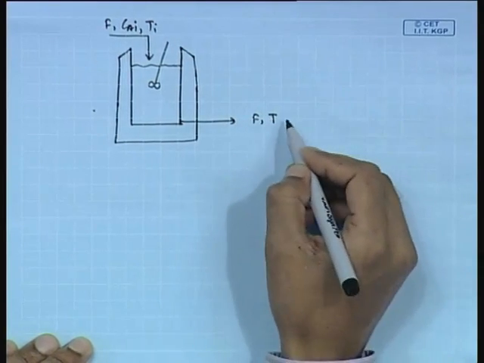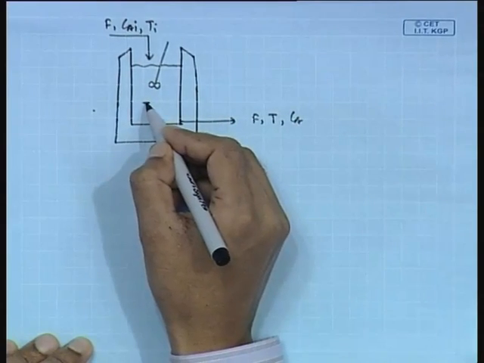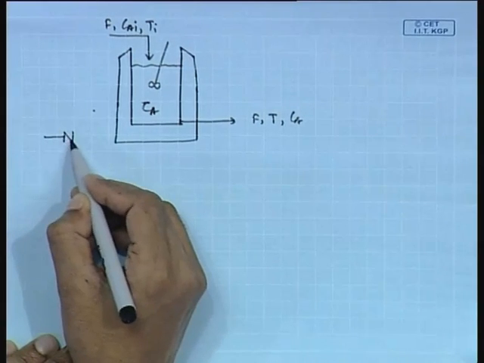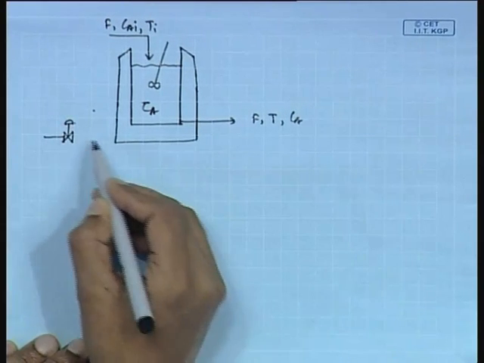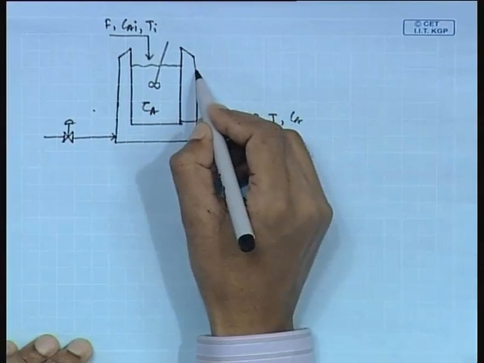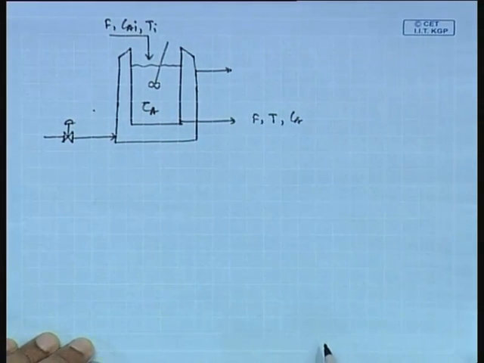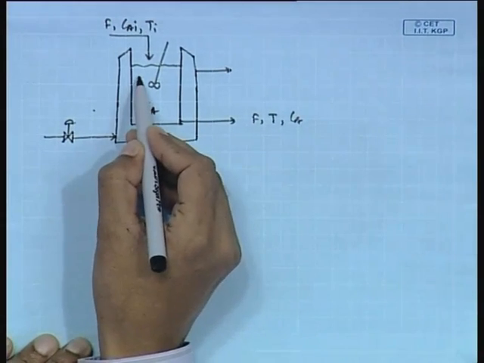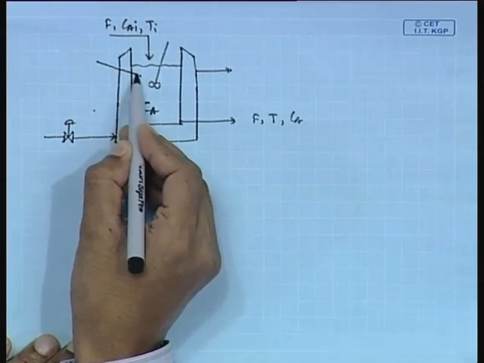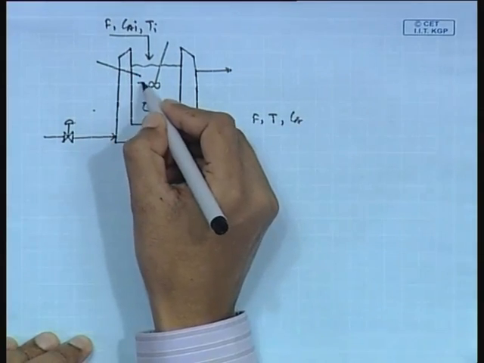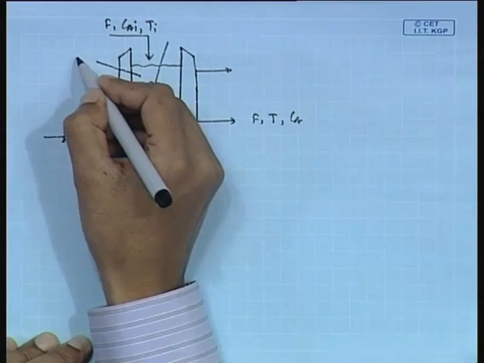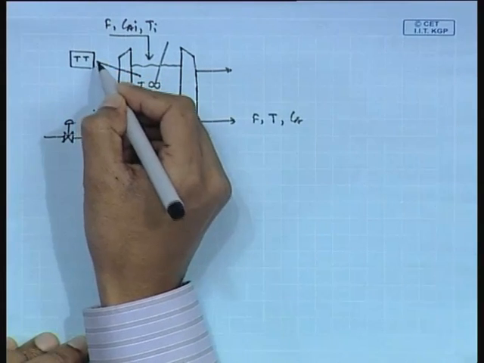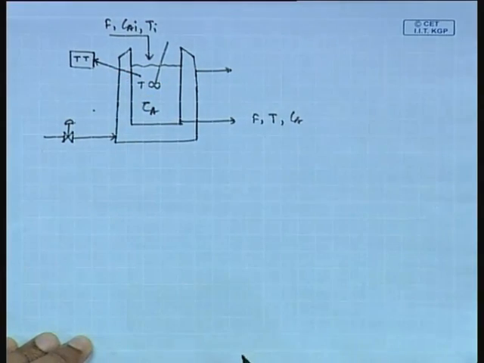Outlet flow rate is F, temperature T and concentration Ca. Our control objective is to maintain the temperature. So, first it is required to measure the temperature T by using a sensor, a temperature measuring device.